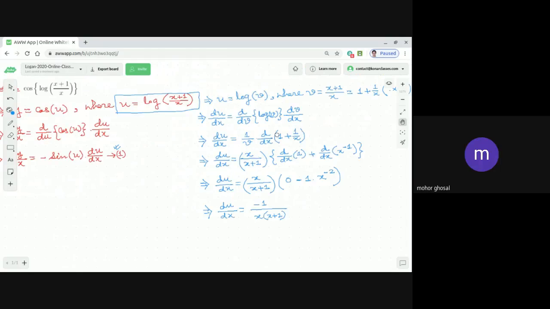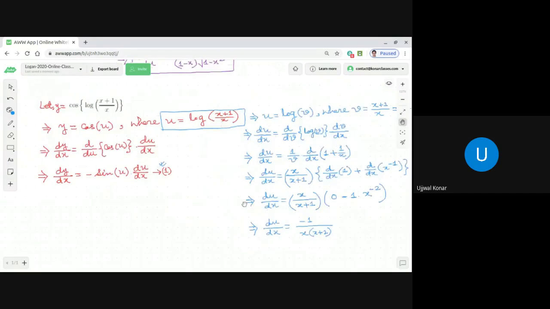Now that value of du/dx we can apply in equation 1.